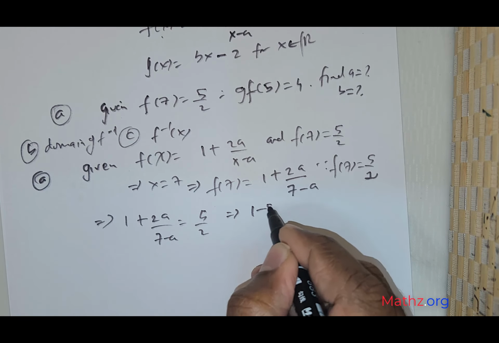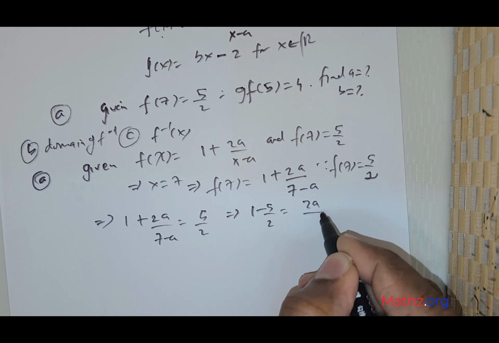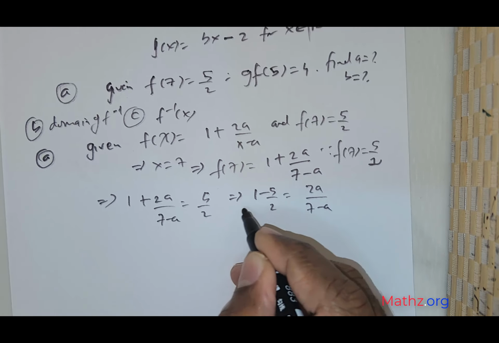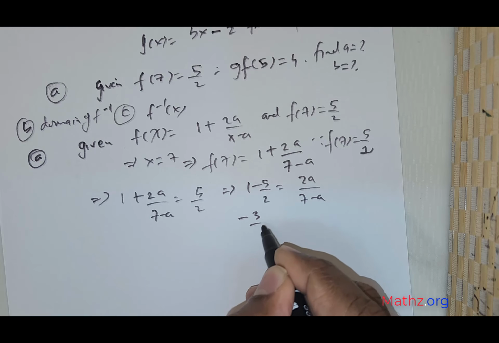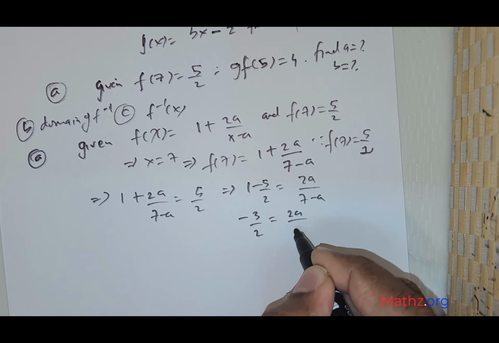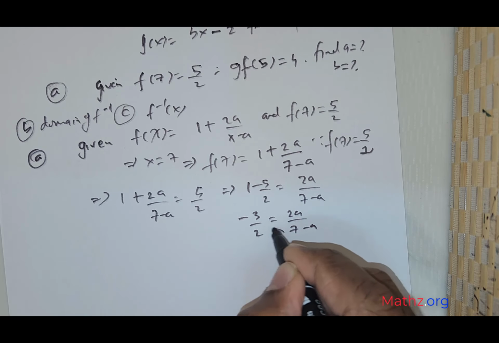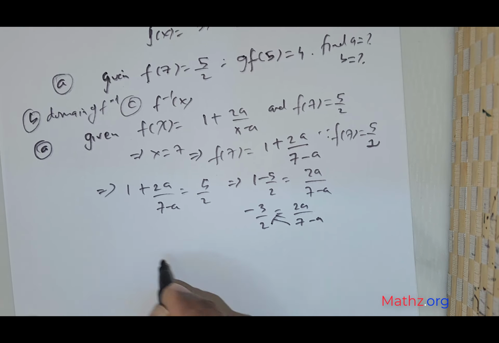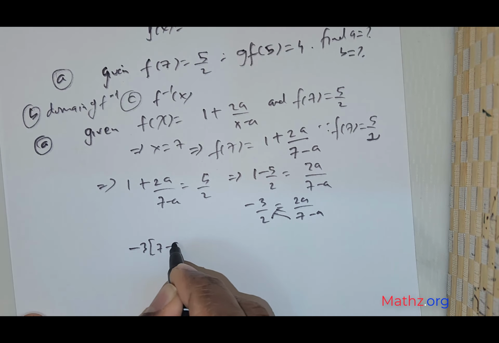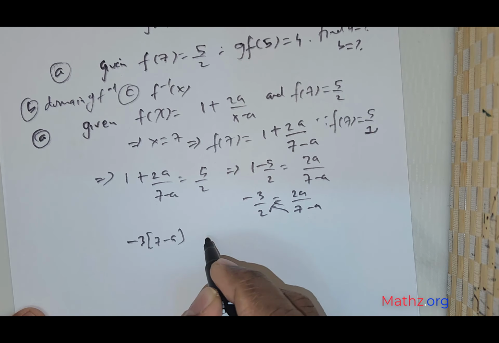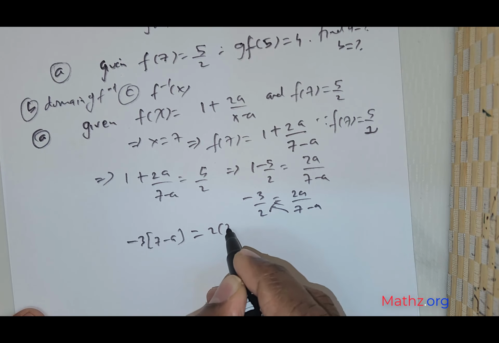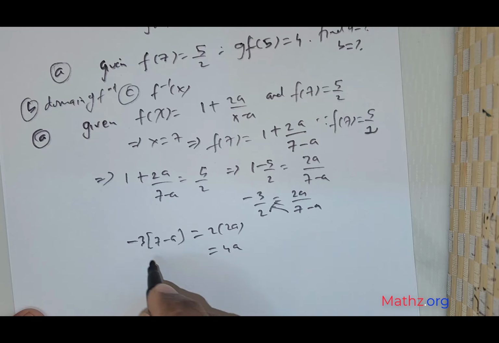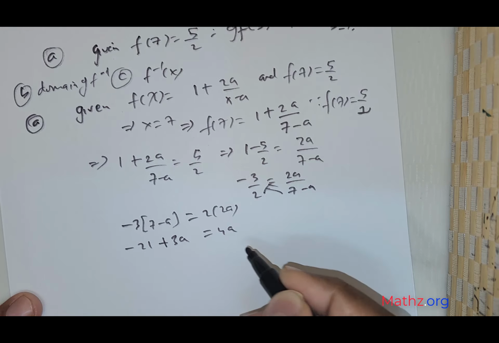So 1 - 5 over 2 is equal to 2a over 7 - a, which gives negative 3 over 2 equals 2a over 7 - a. Cross multiplying, you get -3 times (7 - a) is equal to 2 times 2a, which is 4a. This gives me -21 + 3a.